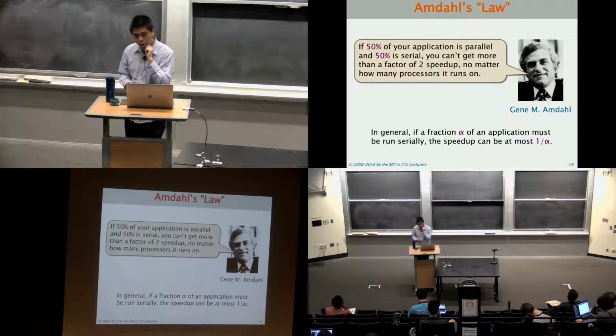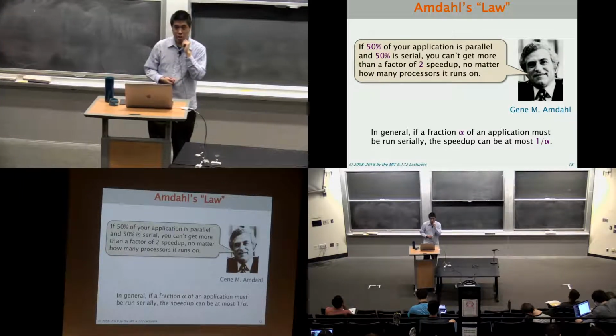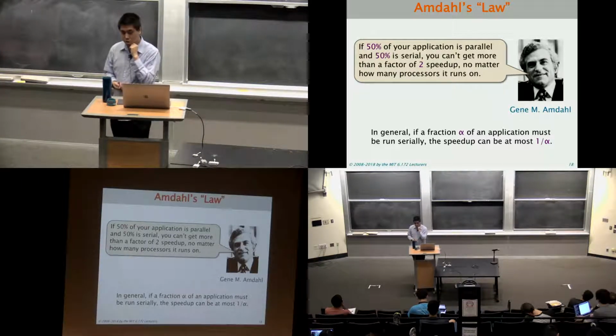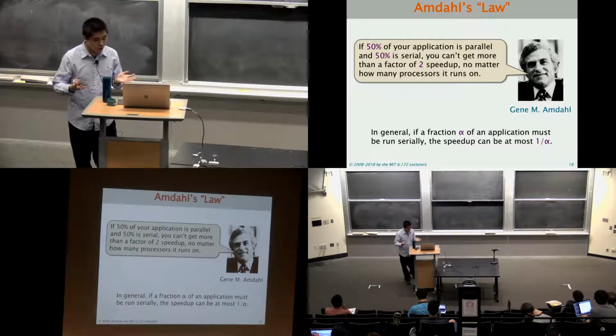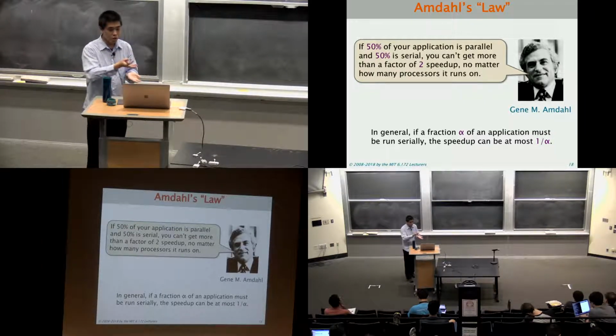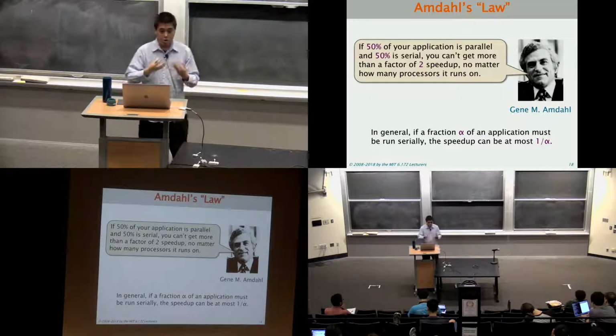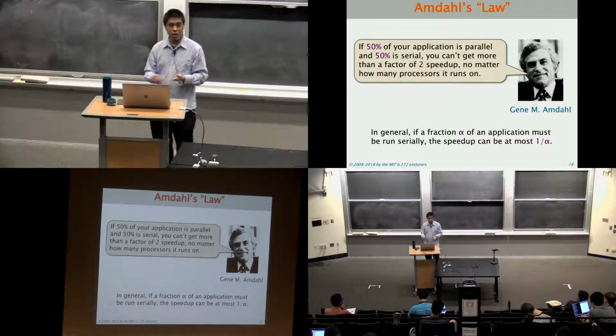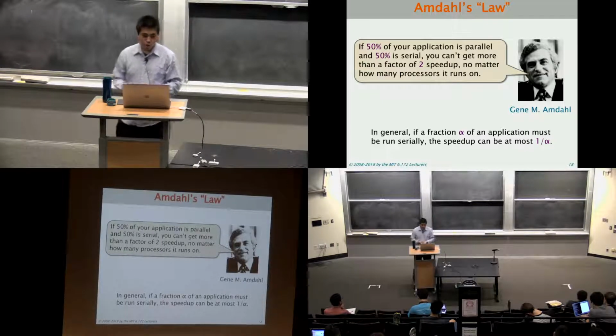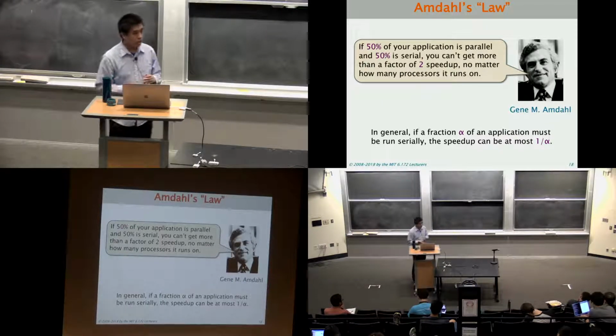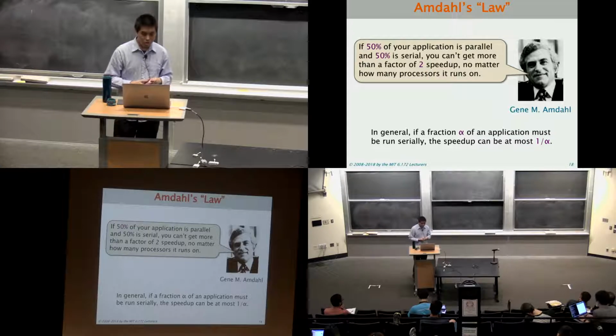Right, so you have to spend at least 50% of the time in the serial portion. So in the best case, if I give you an infinite number of processors and you can reduce the parallel portion of your code to 0 running time, you still have the 50% of the serial time that you have to execute. And therefore, the best speed up you can get is a factor of 2.